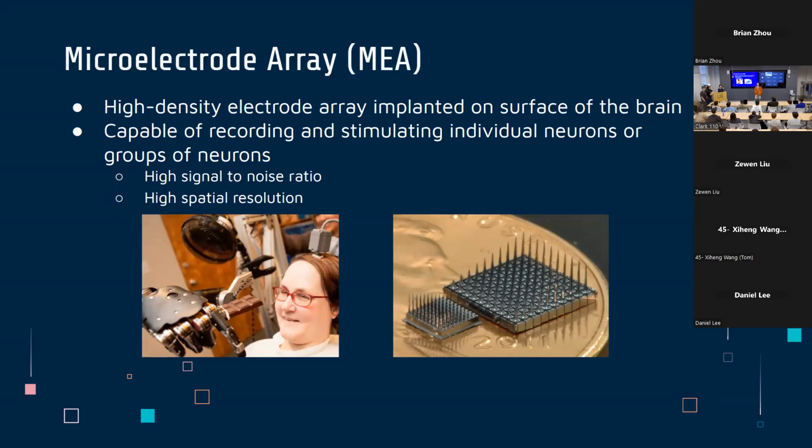What a microelectrode array is, is a high density electrode implanted on the surface of the brain. It can be implanted on the motor cortex to detect muscle movement. It's able to not only record, but also stimulate on the neuron level. This is really important because this is the highest resolution you can get when it comes to neuroactivity on the neuron level.